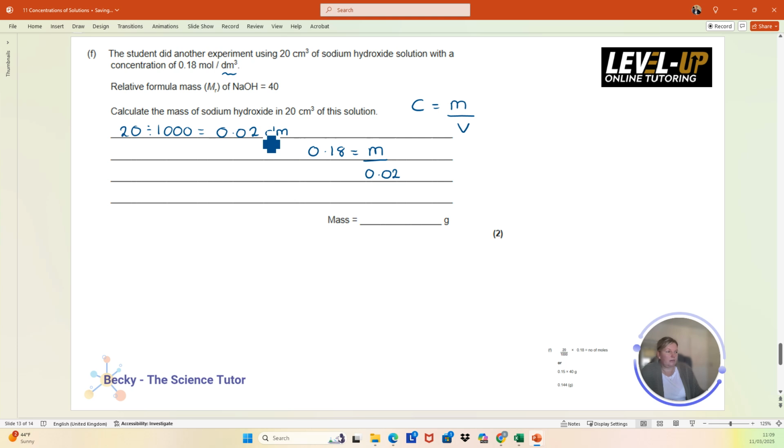Okay, so times both sides, 0.02 times 0.18. You should tell maths is not my strong point, therefore I have to work it through incredibly methodically to make sure that I get the right answers. Okay, and that comes out at 3.6 times 10 to the minus 3.